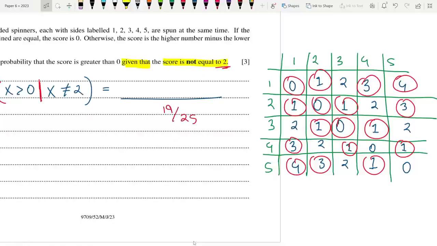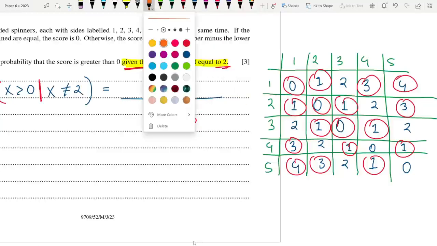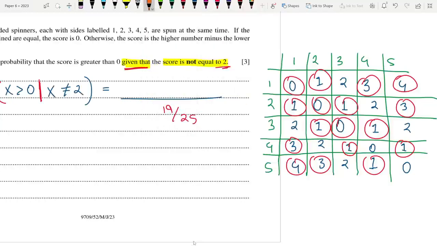Okay, the condition always goes in the denominator. How you find the condition is you look for given that. Now x has to meet this condition, and also be greater than 0. That's why it has to be all the red circles as well as meet this condition. So we are going to cross out some of them.